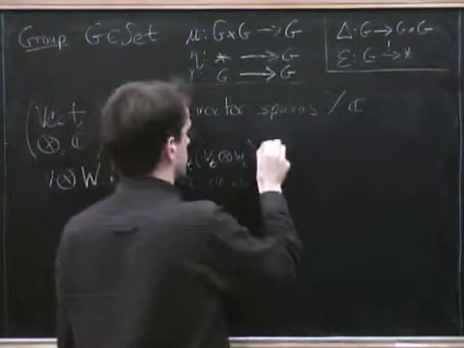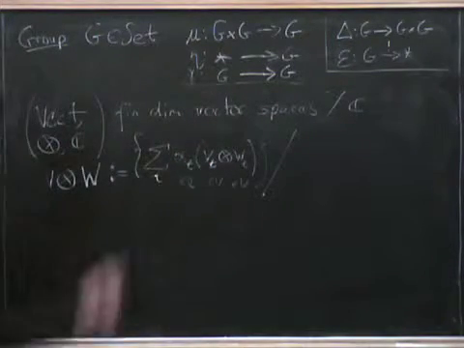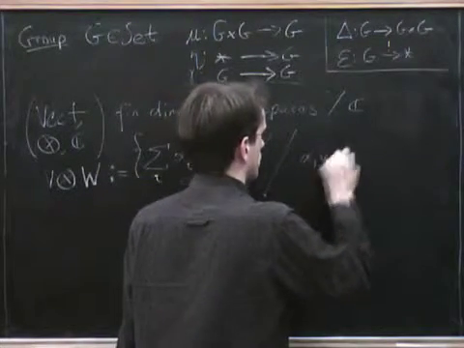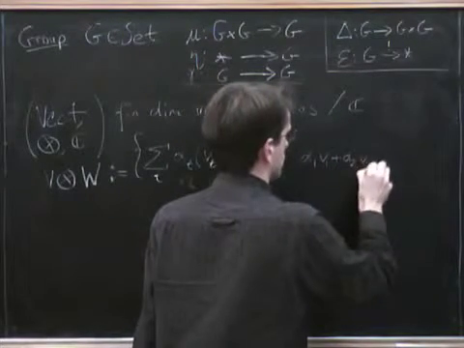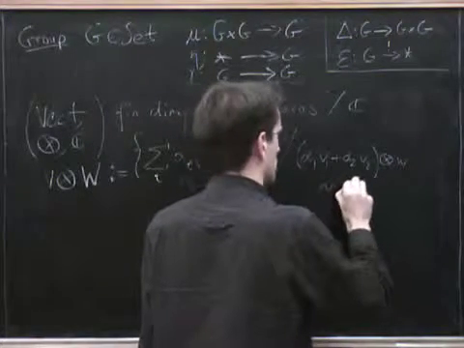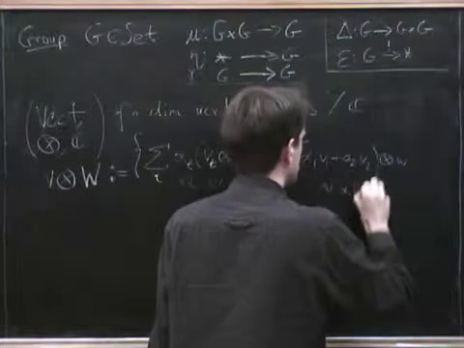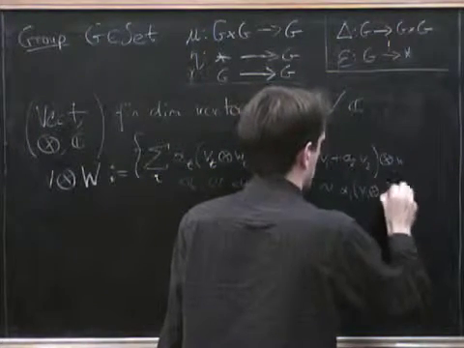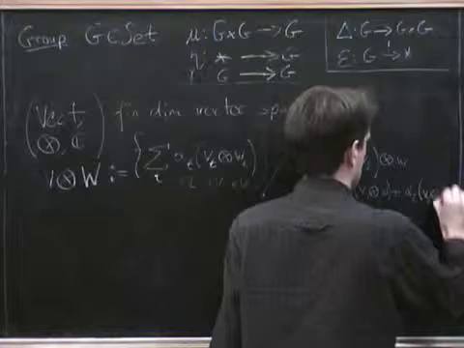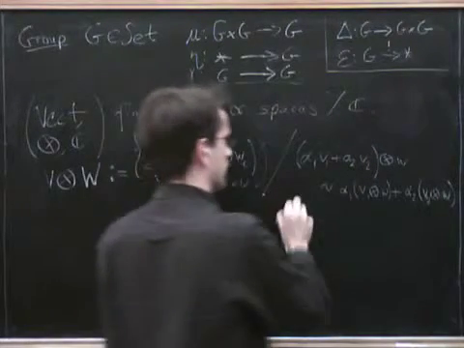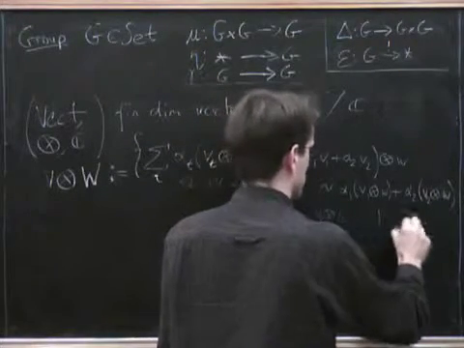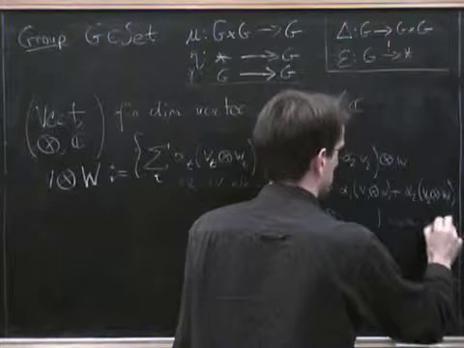And modulo, so we just take the set of those, modulo certain relations, and the relations just say that if we have alpha 1 times V1 plus alpha 2 times V2 tensored with W, that is equivalent to alpha 1 V1 tensor W plus alpha 2 V2 tensor W. And the one the other way around, V tensor linear combinations of W's is equivalent to V tensor whatever plus V tensor whatever.